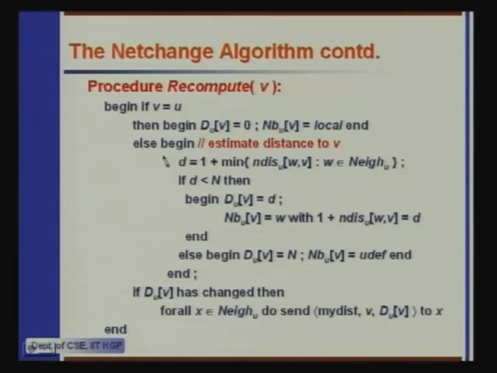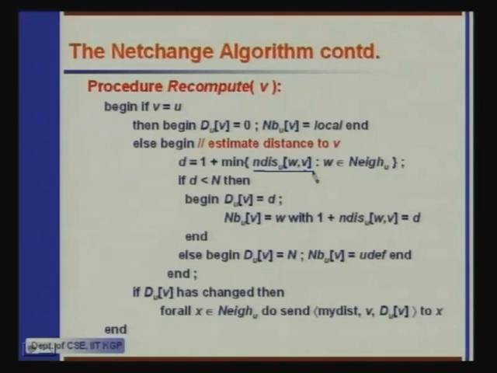Otherwise, I am u and u is not V. Then what is u going to do? It is going to compute d equal to 1 plus minimum of ndis u w v such that w belongs to neighbor of u. Now, what is this?